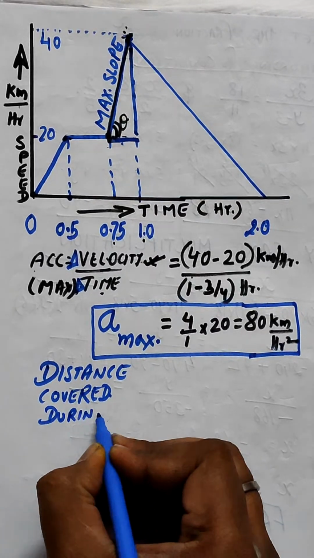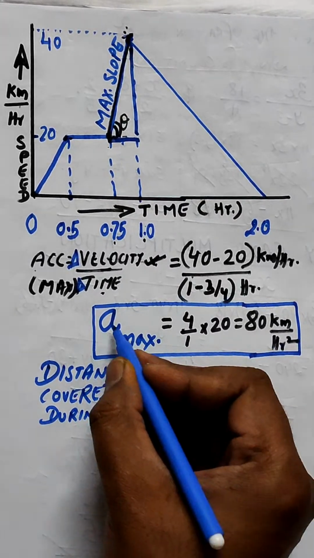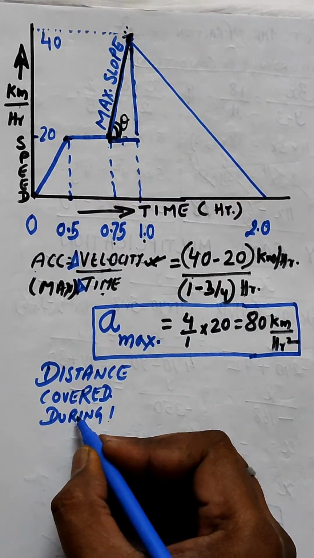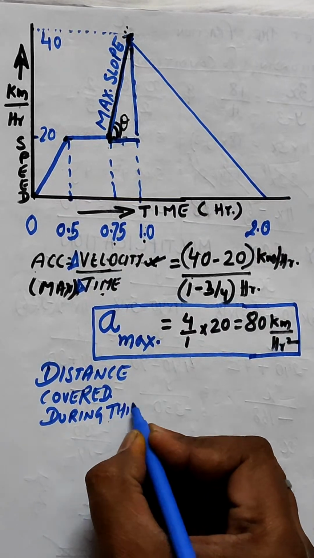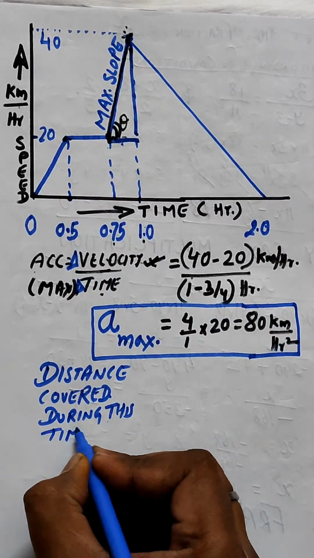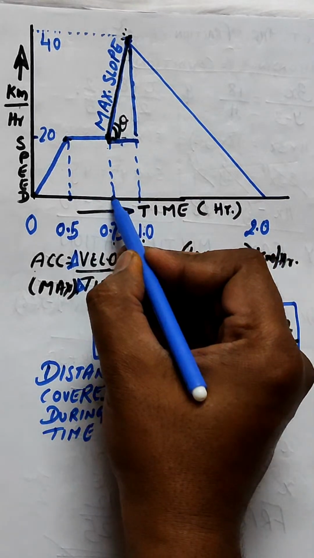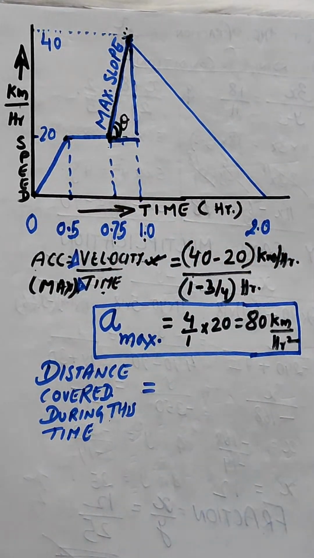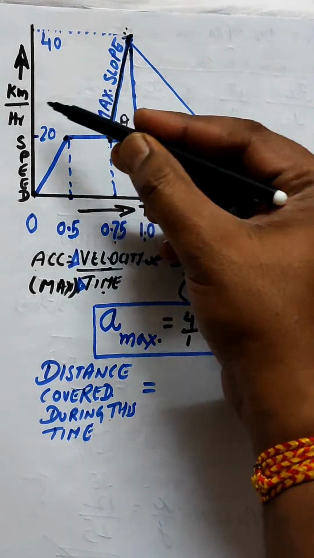Which time? When this maximum acceleration of maximum value is attained, right? That means 0.75 to 1. So this will be equal to the area which will be covered under the velocity time graph.